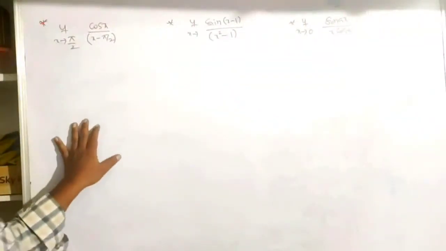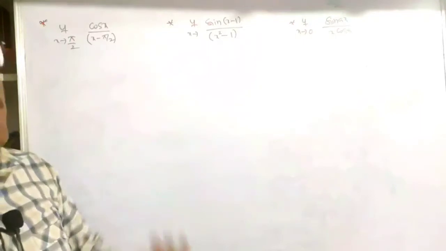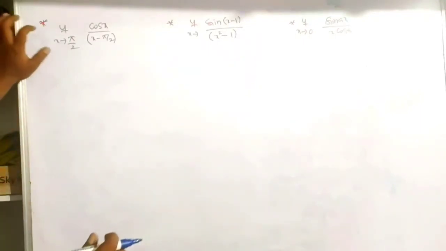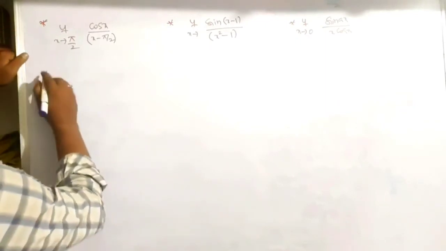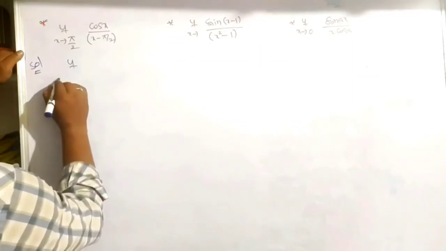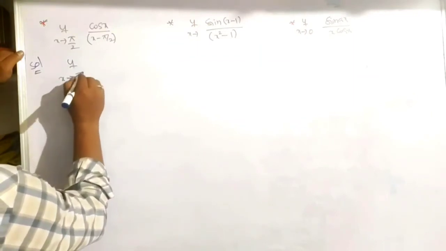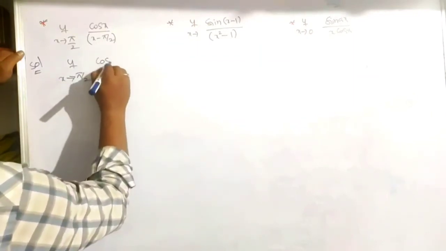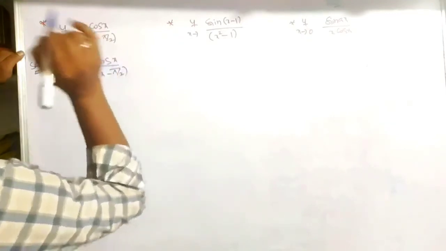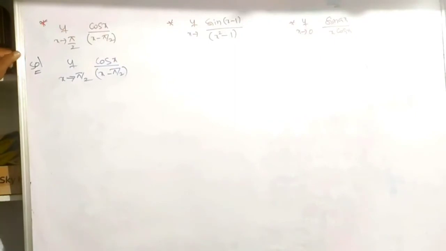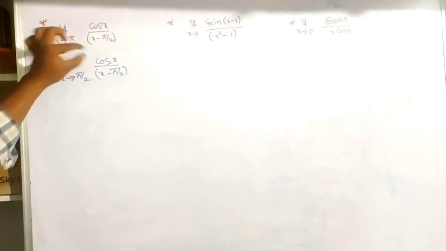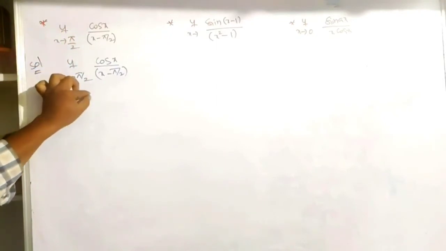Okay, next, these three are also important questions, for marks. So here we have limit x tending to pi by 2 of cos x by x minus pi by 2. See, actually, if you want to use the formula of sin or cos, x should be tending to 0 only.